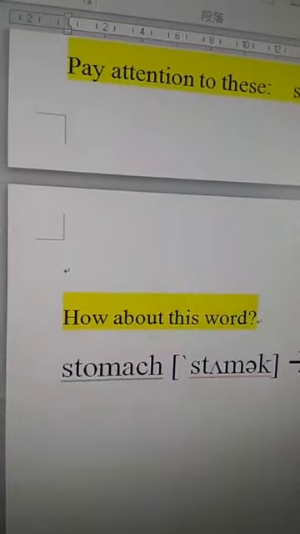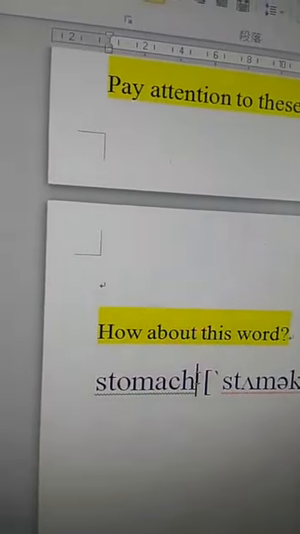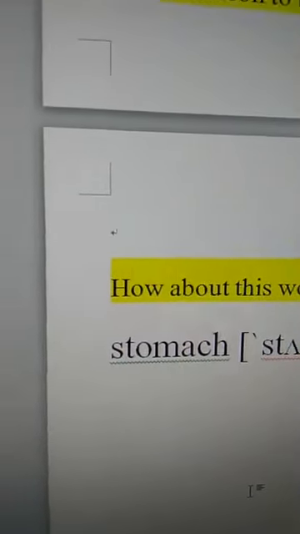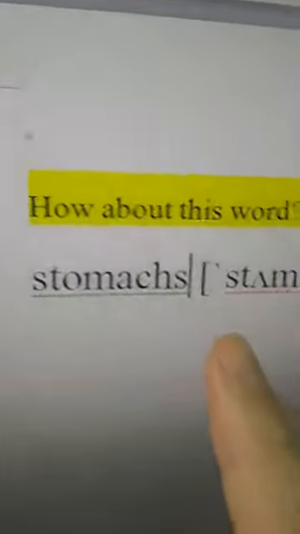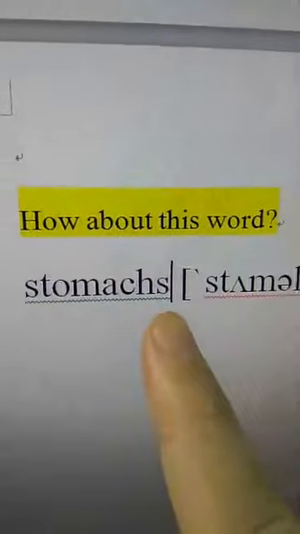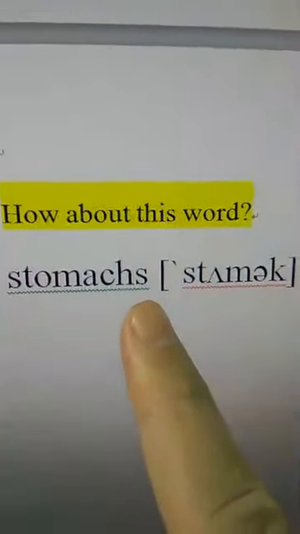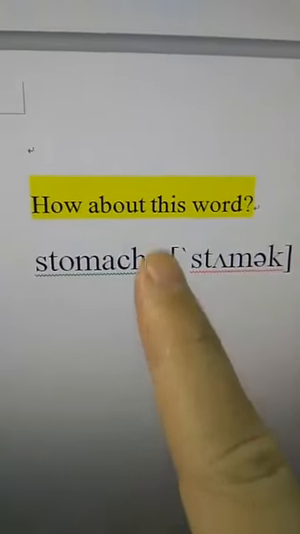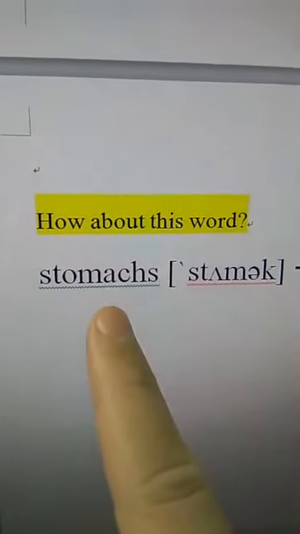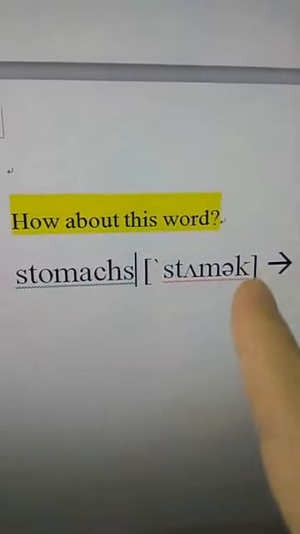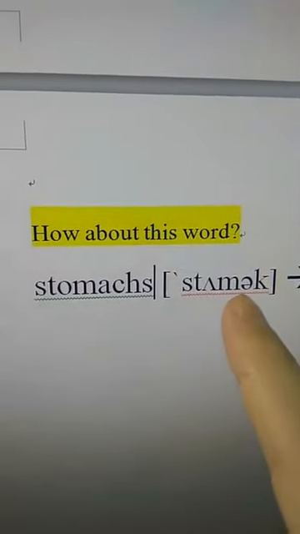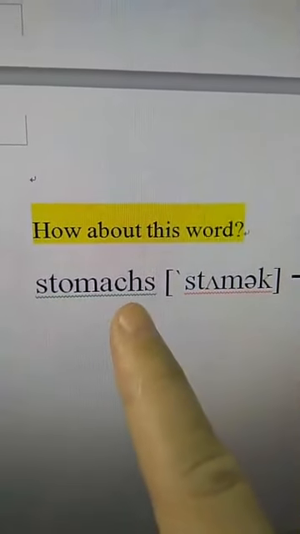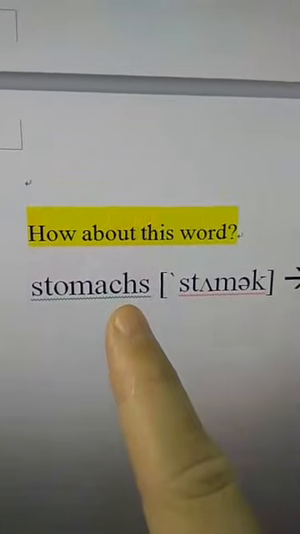Okay, then I'll tell you the answer. The plural form of stomach is stomachs. Why? We don't go by the spelling, but the pronunciation. It's not pronounced stomach-ch, because CH all the time we pronounce like ch, right?